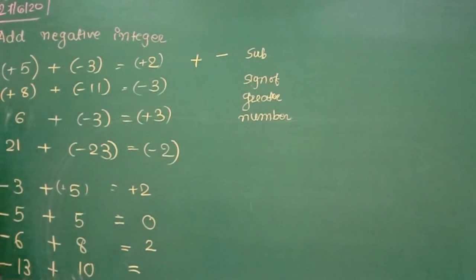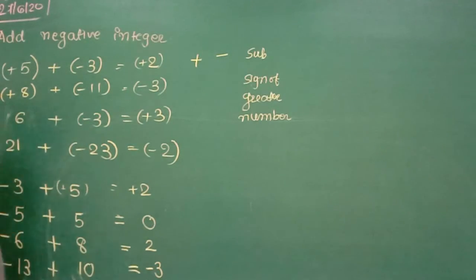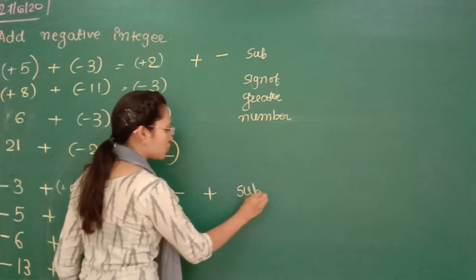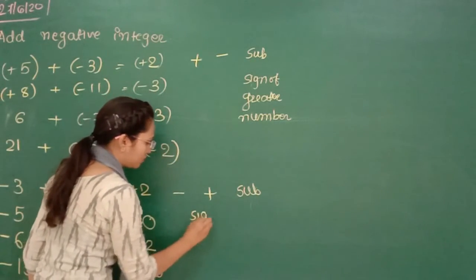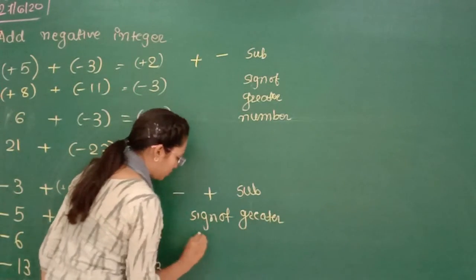Minus 13 plus 10. One negative, one positive, subtraction of numbers, 13 minus 10, 3. And the sign of the greater number, that is minus. Okay, so what you need to remember? One negative, one positive. So again subtraction of numbers and the sign of the greater number.